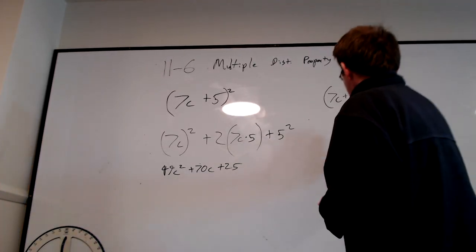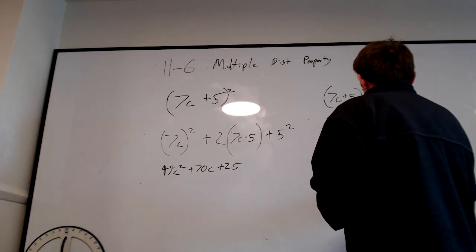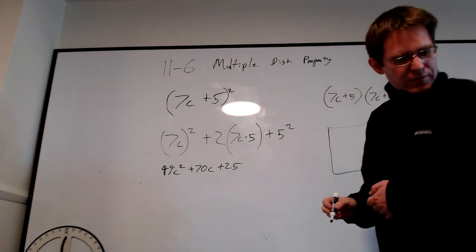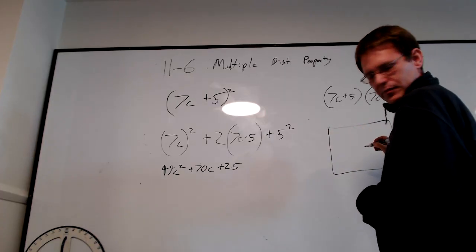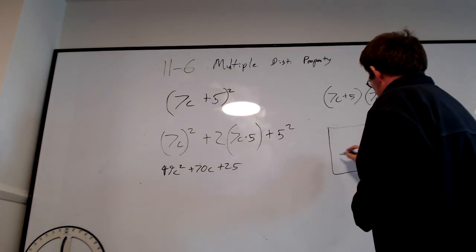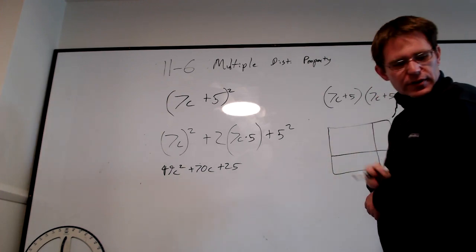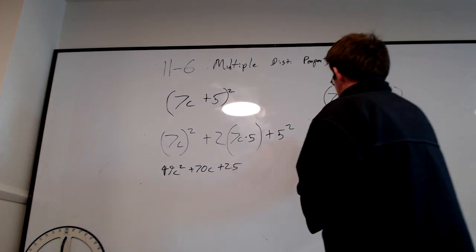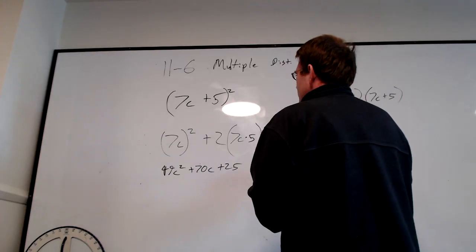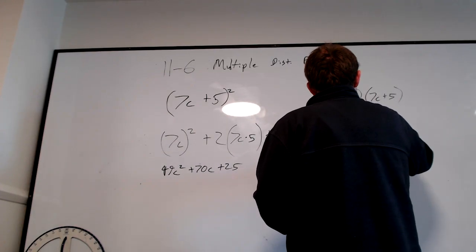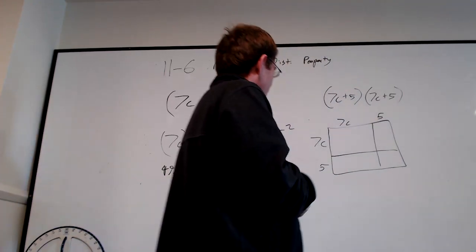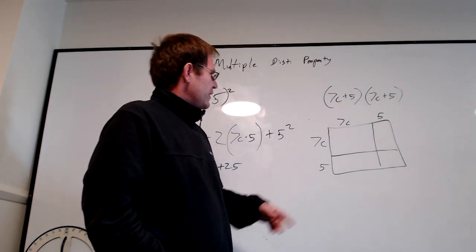If we create a box, and we think about this as 7c, 5, 7c, 5. This is the third way.